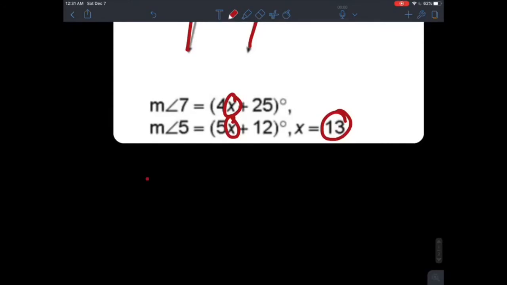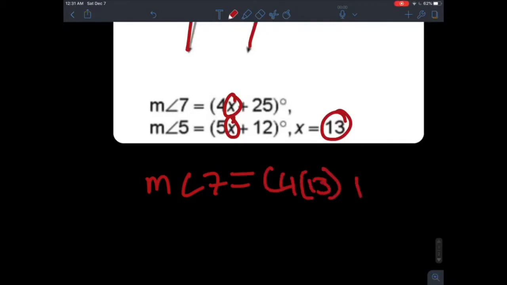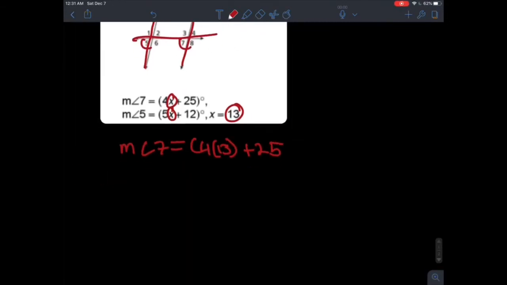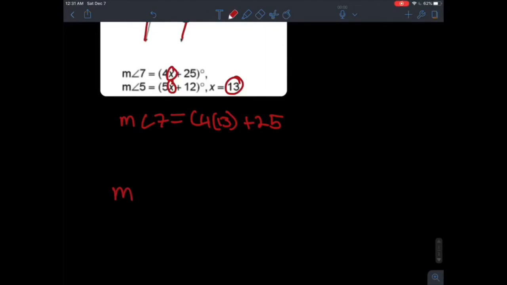So let's write the measurement of angle 7 equals 4 times 13 plus 25. And then we have the measurement of angle 5 equals 5 times 13 plus 12.